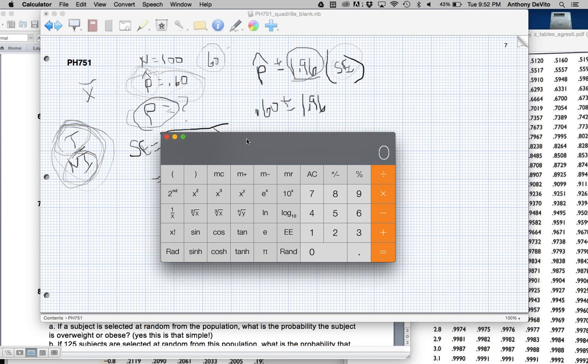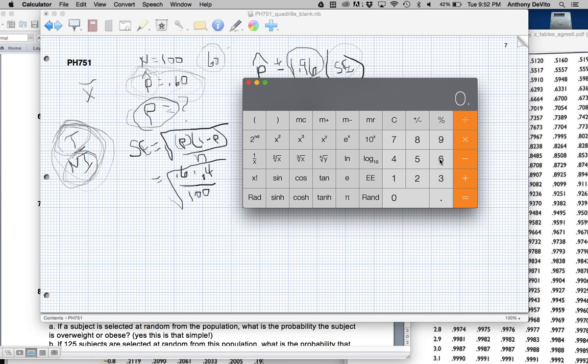Okay, so let's figure that out right now. 0.6 times 0.4 is equal to 0.24, divided by 100, the sample size, is equal to 0.0024. Now I'm going to take the square root of that, everything that's underneath the square root sign, and it's equal to 0.049.